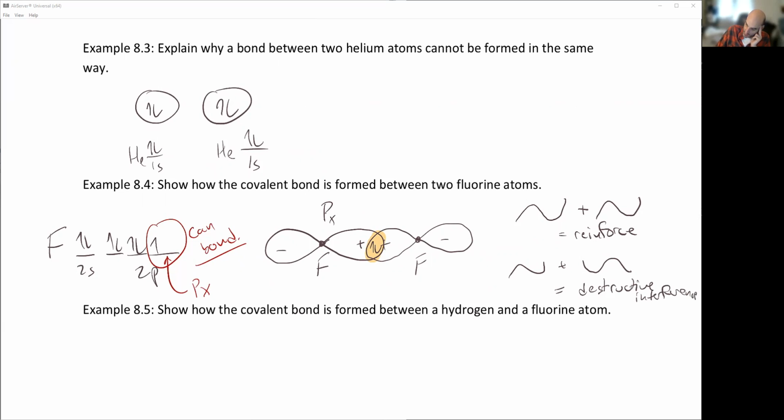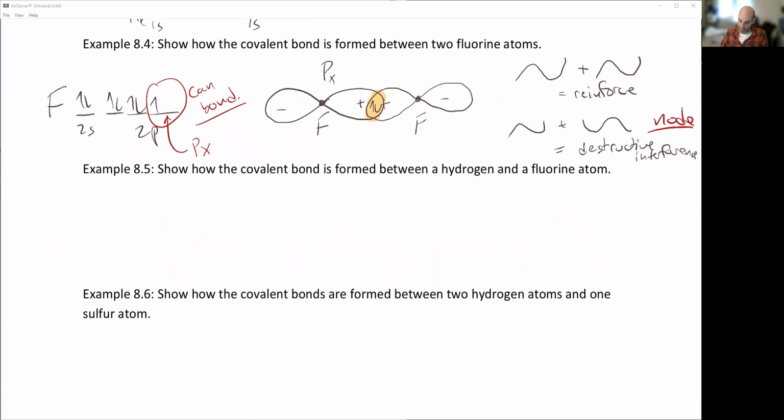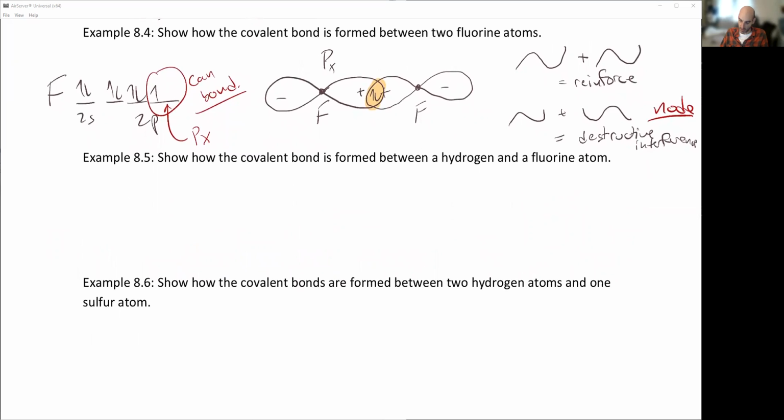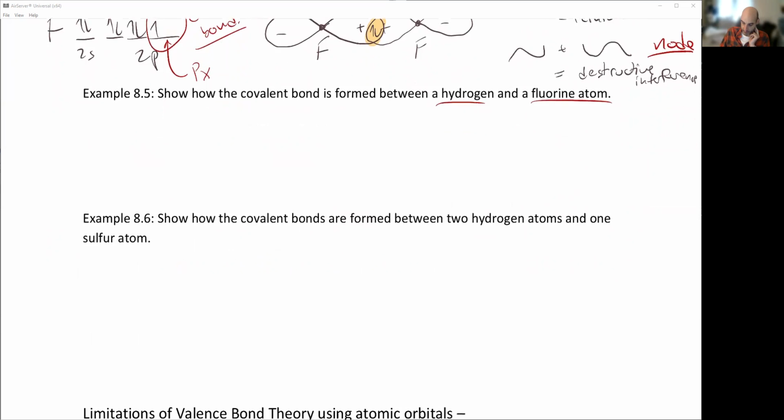When this happens, you form a node. Essentially, there's no electron density there because it's canceled out. So now that we have the px and the px, how would you expect a bond to form between a hydrogen and a fluorine atom? Why don't you give that one a go and see if you can come up with it.